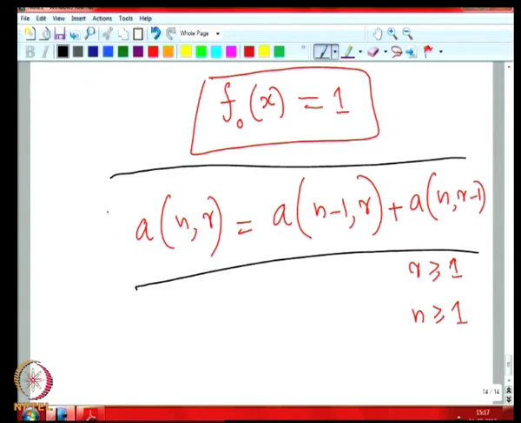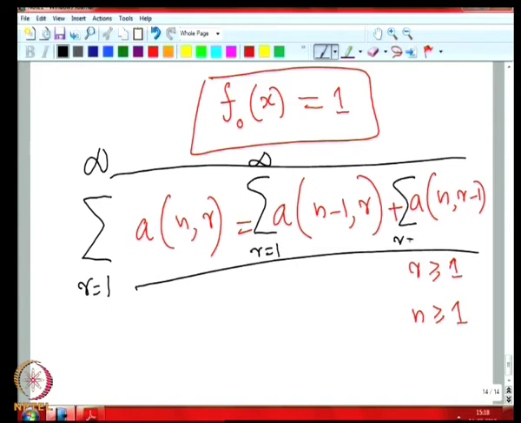I will sum it from r equal to 1 to infinity, remember this recurrence relation itself is valid only from r equal to 1 onwards. This side also r equal to 1 to infinity. Then what is happening?